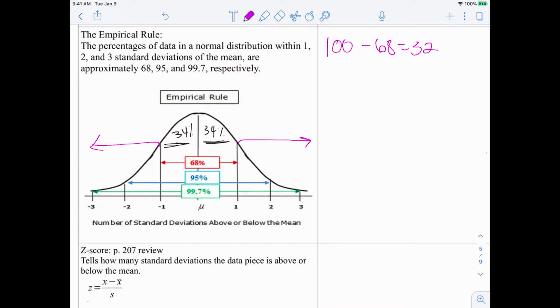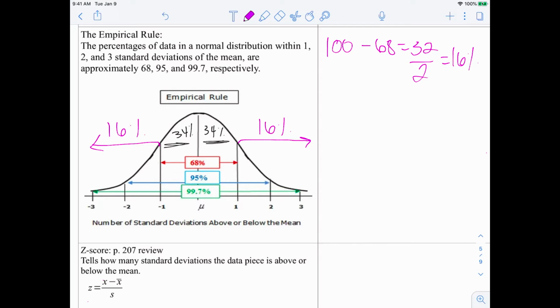Then, because it's the middle 68%, each side is the same. So if I cut 32% in half, I end up with 16%. So above 1 standard deviation is 16%, and below -1 standard deviation is also 16%. And if you add 16 plus 34 plus 34 plus 16, you end up with 100%, because that's all of the data.